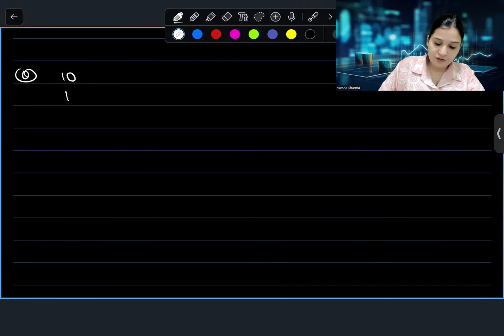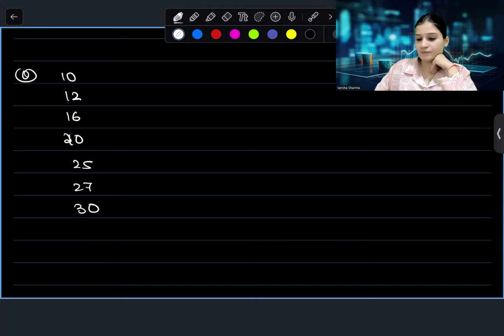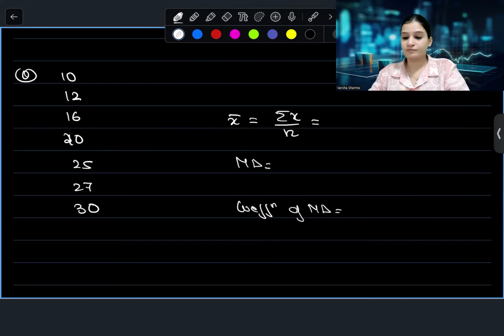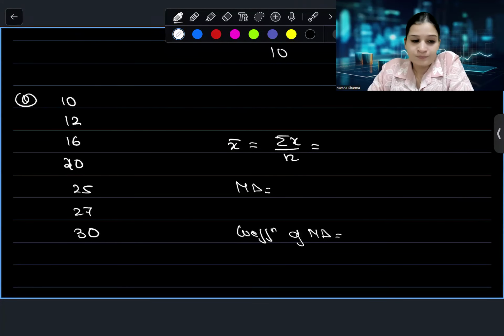For this data, find mean deviation from mean. Sum of the observations by number of observations. Mean is 20.